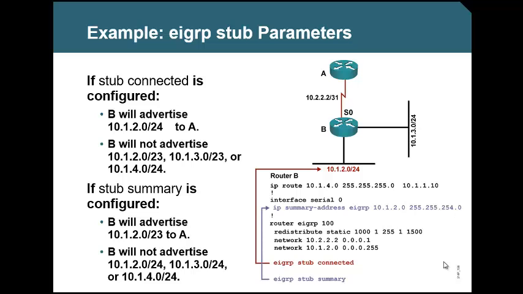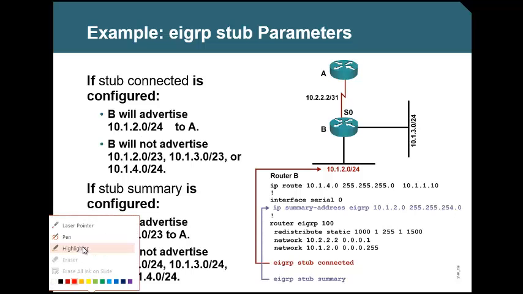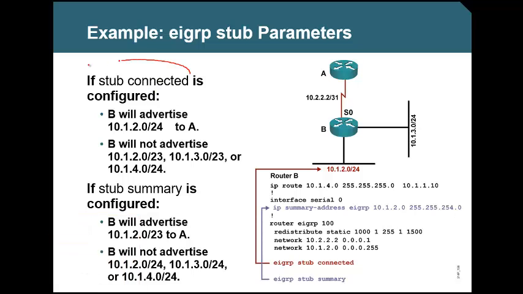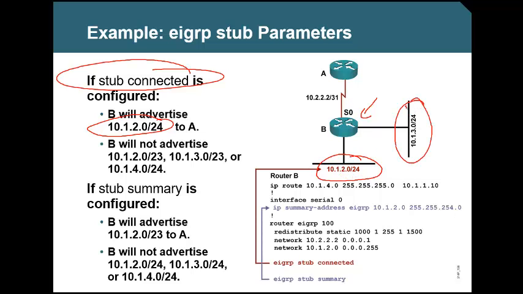Now if I configure stub connected on router B, only 2.0/24 and 3.0/24 will be advertised. It will not advertise the /23.